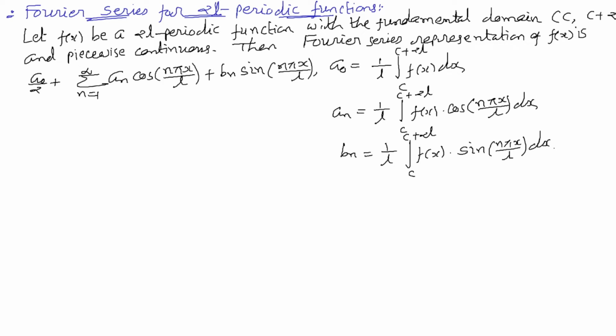The definition is clear. Now, if we look at the cases when f of x is even, suppose f of x is defined for minus l less than x less than l, and it is 2l periodic, right?